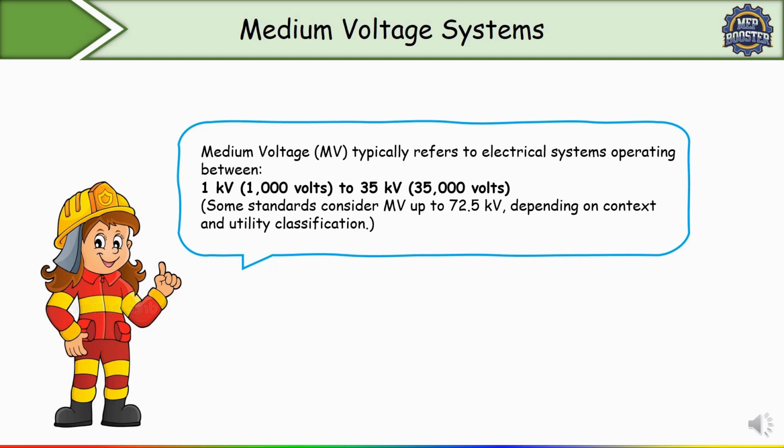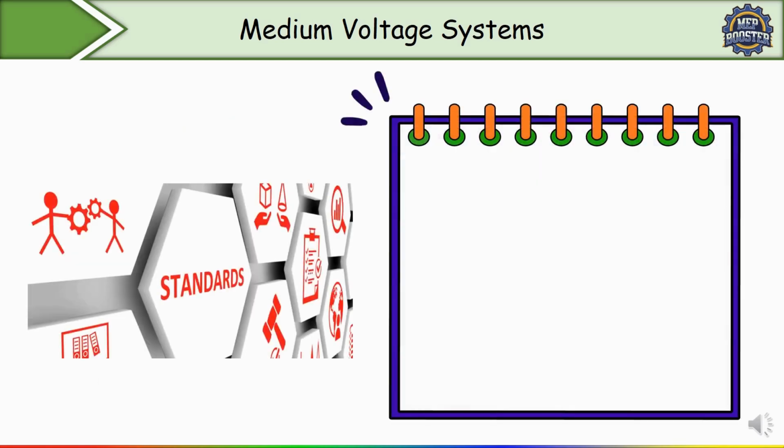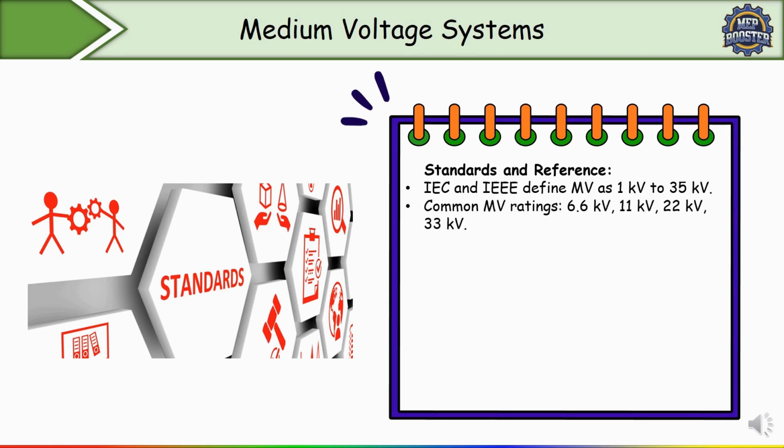For the standard and reference, IEC and IEEE define medium voltage as 1 kilovolt to 35 kilovolt. Common medium voltage ratings are 6.6 kilovolt, 11 kilovolt, 22 kilovolt, 33 kilovolt, and in some cases up to 66 kilovolt or 72.5 kilovolt as per IEC or utility classification.